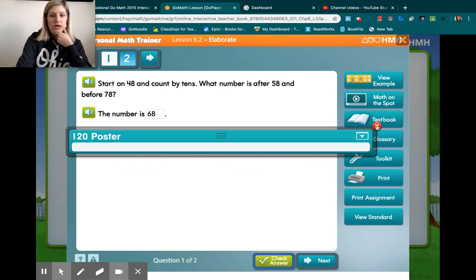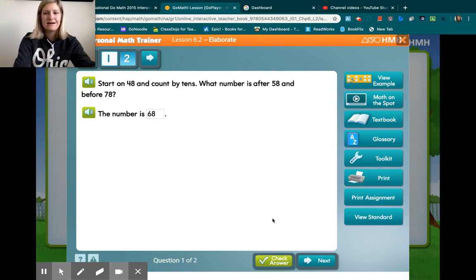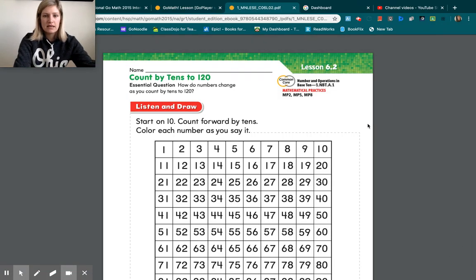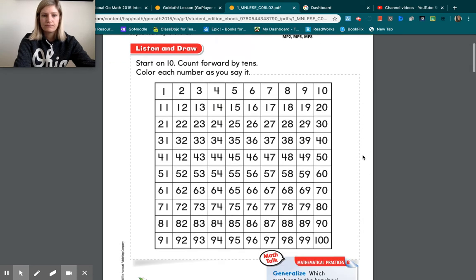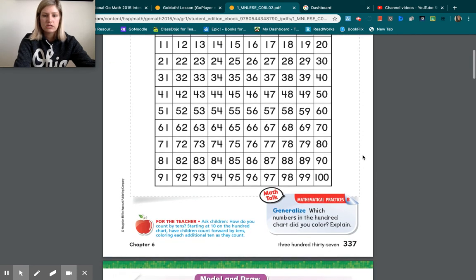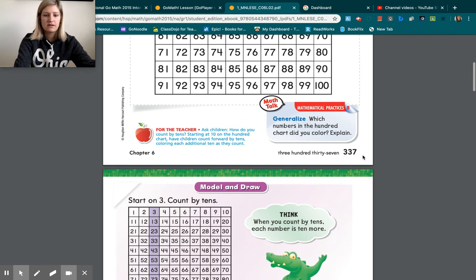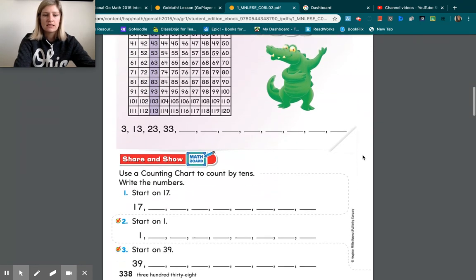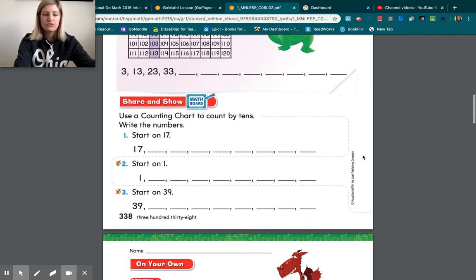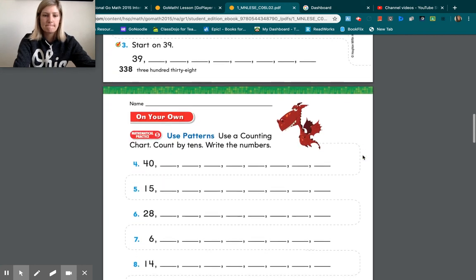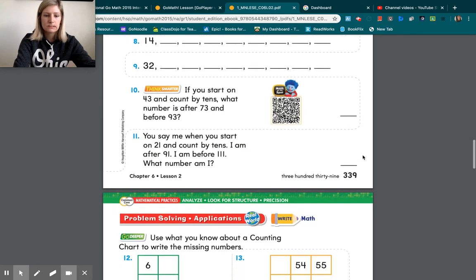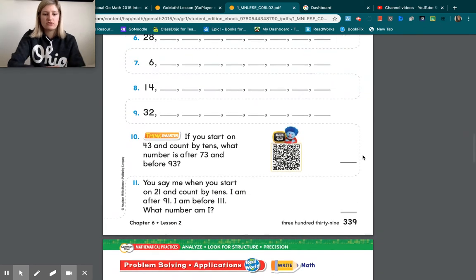So you are going to be working in your textbook on pages, this page, 337. And look, they've already got that hundreds chart for you. This page, 338. And this page, 339.